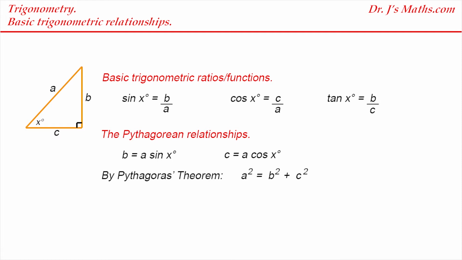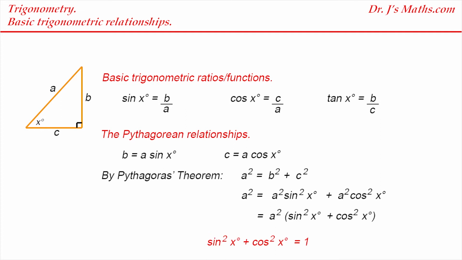So we do that again, and then we substitute for b and c, squaring each of them. So we've now got a squared is equal to a squared sine squared x plus a squared cos squared x. Take out a common factor of a squared, and we're left with a squared is equal to a squared times sine squared x plus cos squared x. But the a squareds cancel, and so we can now prove that sine squared plus cos squared is equal to 1.